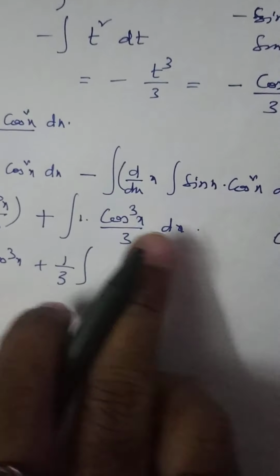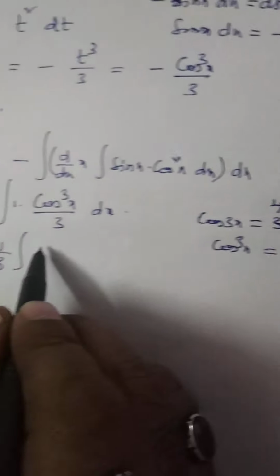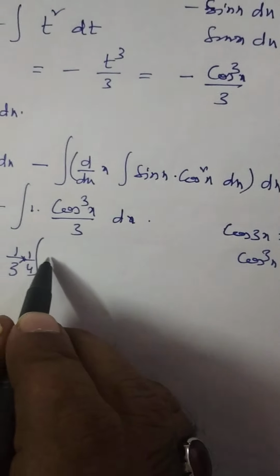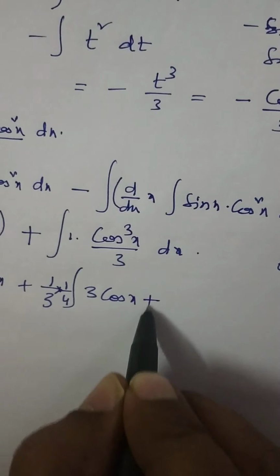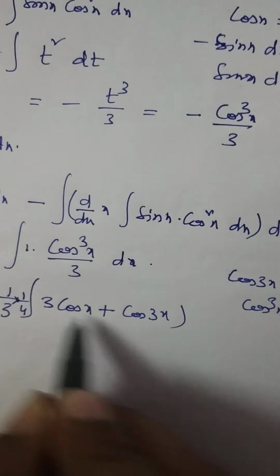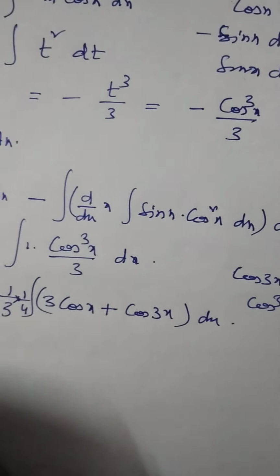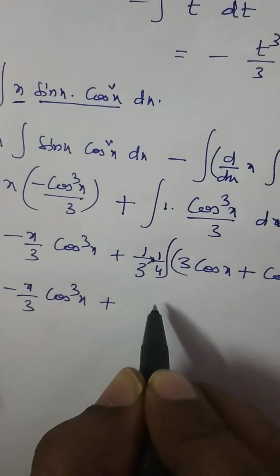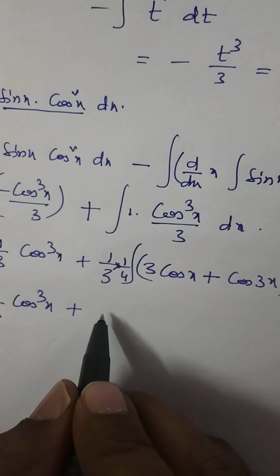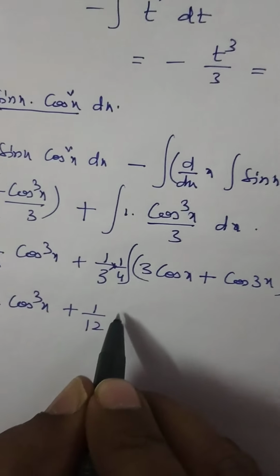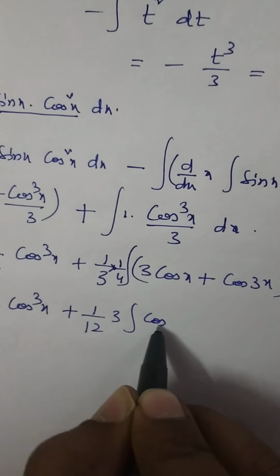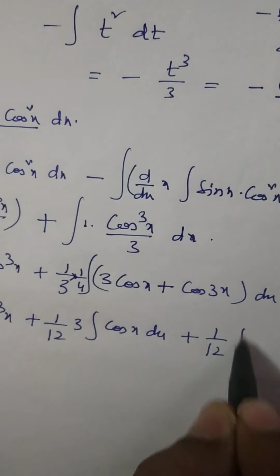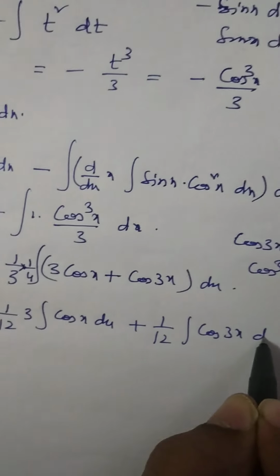Because here the cube definitely we have to change. So by 4 already we have, so 1 by 4 of 3 cos x plus cos 3x whole dx. So minus x by 3 into cos cube x plus, separating this, 1 by 12 into 3 into integration of cos x dx plus again 1 by 12 into integration of cos 3x dx.